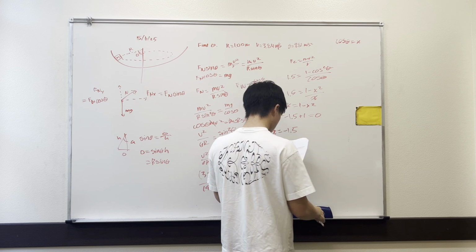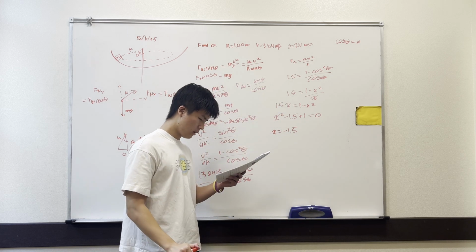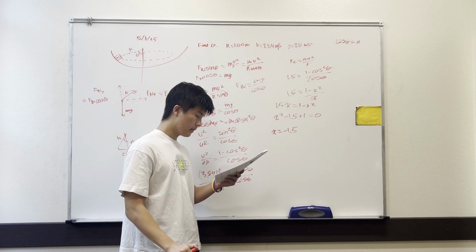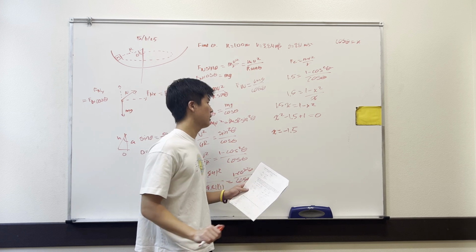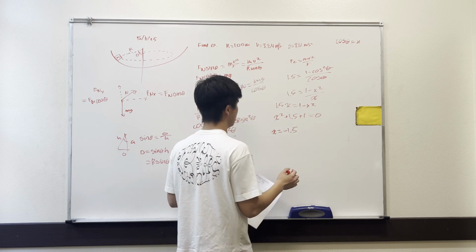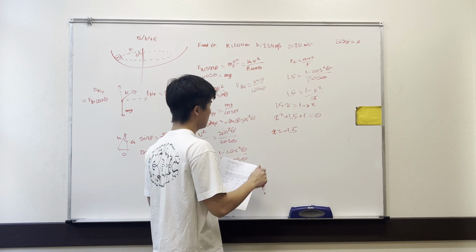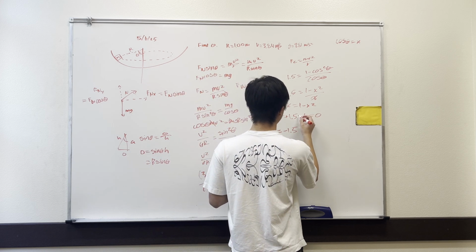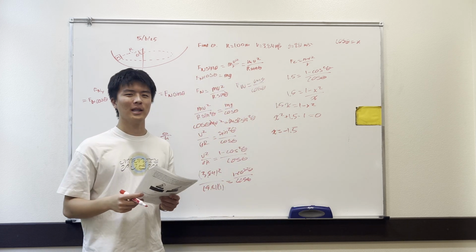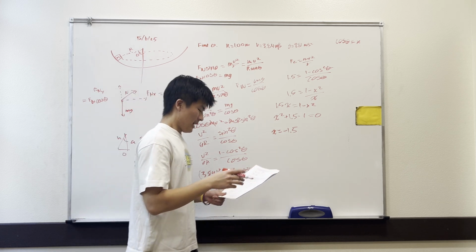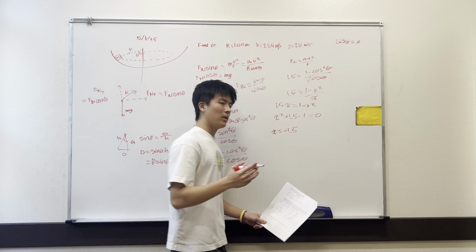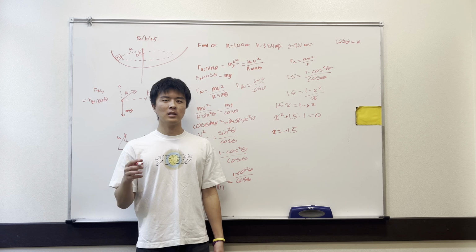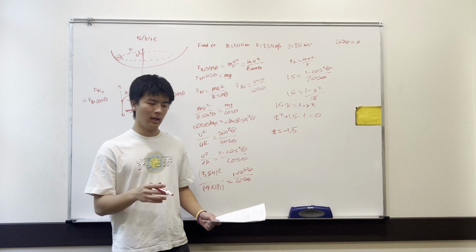Sorry, let me look at my notes again. Sorry, this is not a negative yet. That makes that a negative. It should be -1, not +1. Even a 6th grader should be able to do it, and yet I'm making mistakes. Sorry about that, but we know it's negative b plus or minus the square root of b squared minus 4ac, all over 2a.